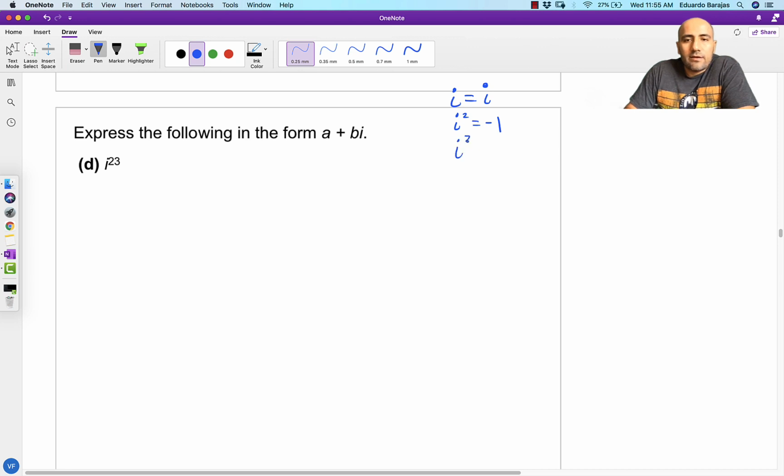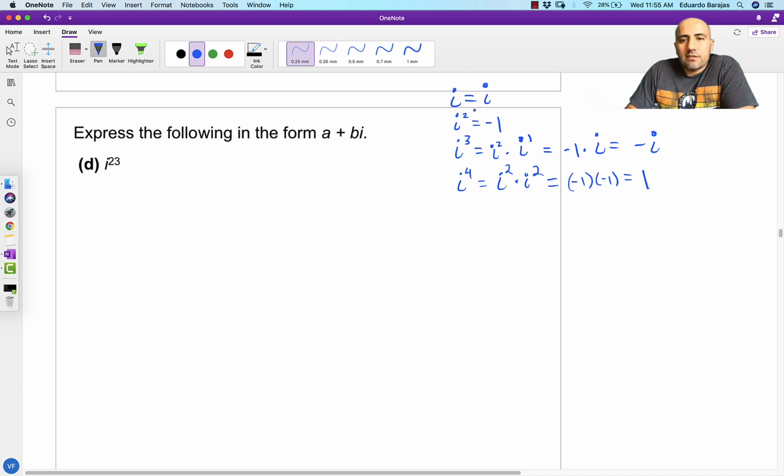And we saw that i to the third power was equal to i to the second power times i to the first power, which gives you negative 1 times i, or just negative i. Then i to the fourth power is equal to i squared times i squared, and that gives you negative 1 times negative 1, which gives you positive 1.